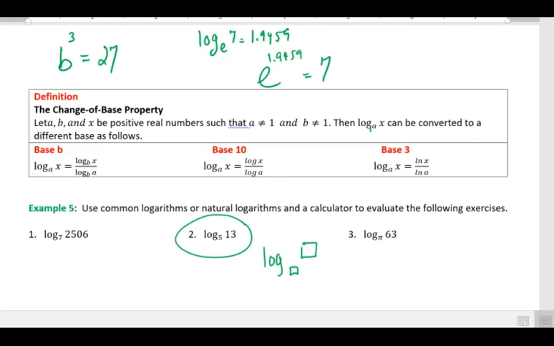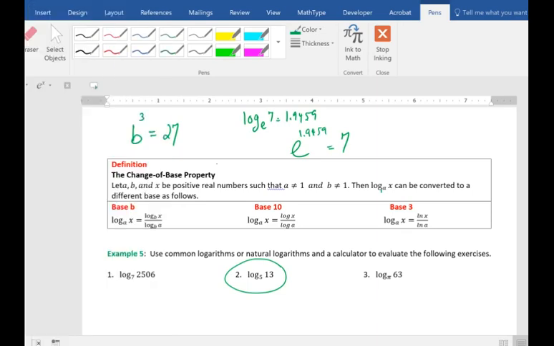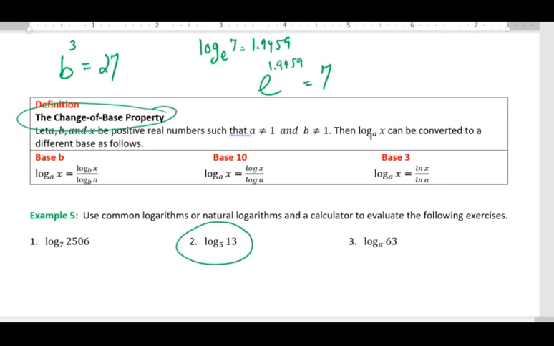So you would just enter your numbers 5 and 13 and press equal, and it would give you your answer. However, if you're using a TI-84 or some of the TI calculators, they don't have that symbol. Okay, so it's okay. We'll use something called the change of base to help us solve for those answers.